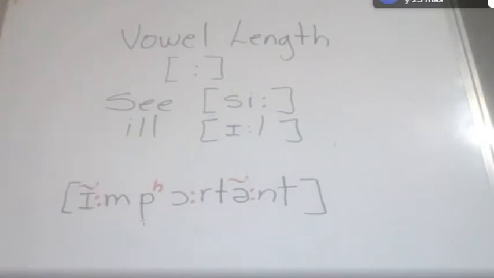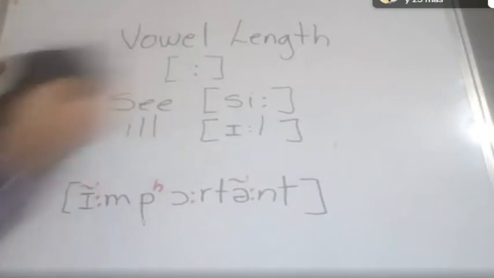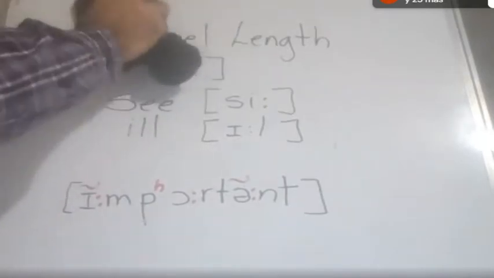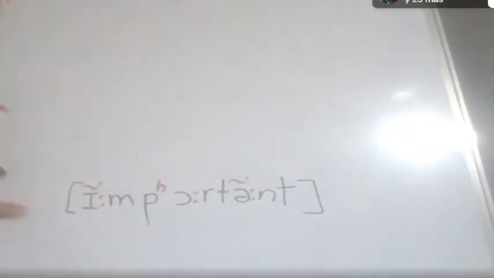Okay, good. So that is another rule of vowel length. Obviously, guys, you will have the theory, so don't worry about it. I'm just showing how it works. You will have the theory, so you can apply each of the rules to different words.